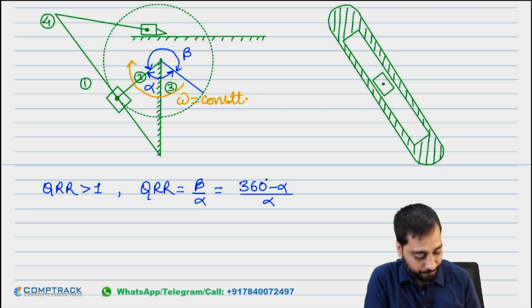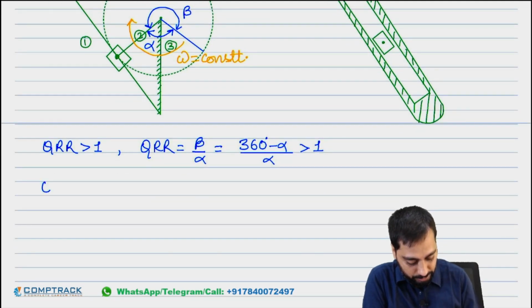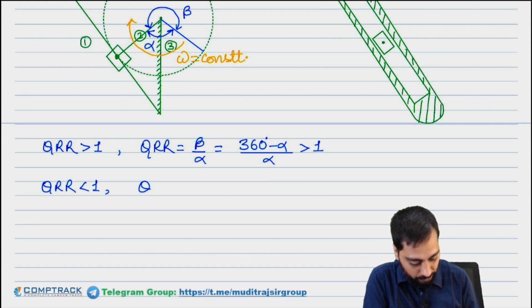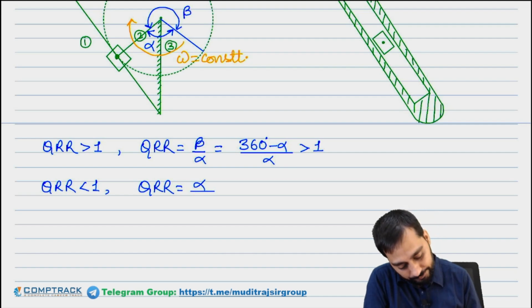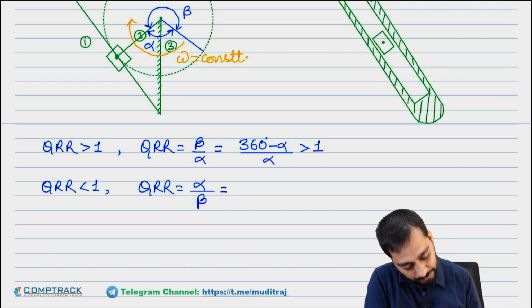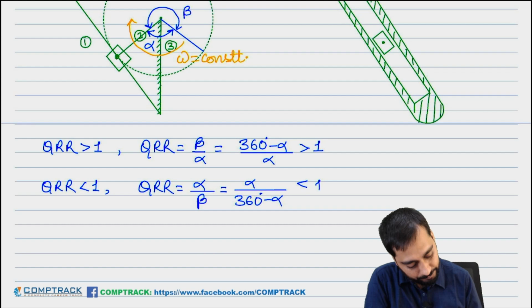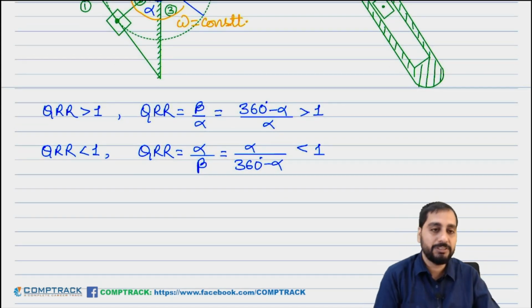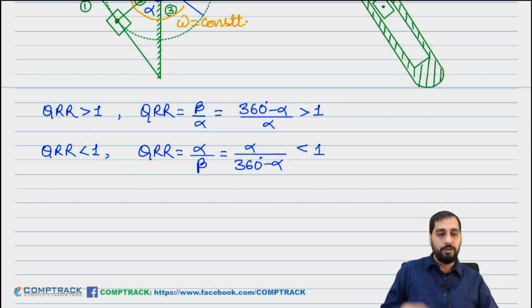So it will be more than 1. And if in the question the quick return ratio is given less than 1, then you will apply the formula alpha by beta, which will be alpha upon 360 minus alpha. So this is how you will apply the formula. Clear?